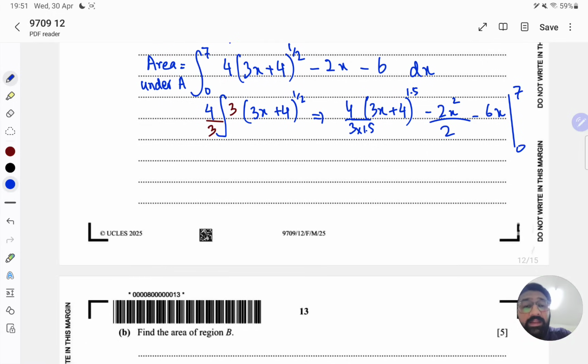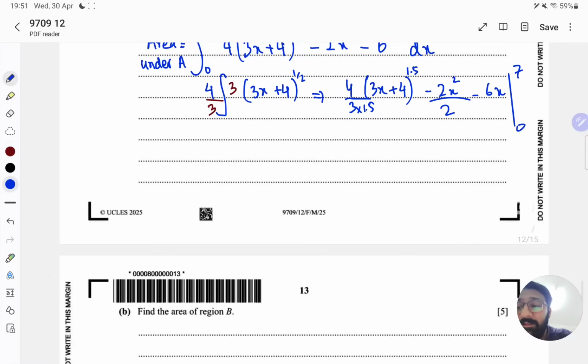So if we simplify, it will be 4 over 3 times 3 is 9, and this 2 will come up because, let me show it clearly, 1.5 is basically 3 by 2, so 3 will remain in the denominator, 2 will go in the numerator: (3x + 4)^(3/2) - x² - 6x, and the limits are from 0 to 7.